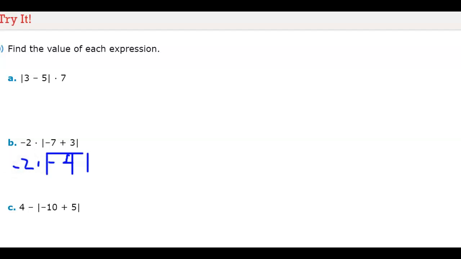Now we need to find the absolute value of -4, which is going to be 4, and we still have multiplying -2. And then we multiply -2 times 4, and that is going to equal -8. And that's it. So I'm going to ask you to try A and C on your own.